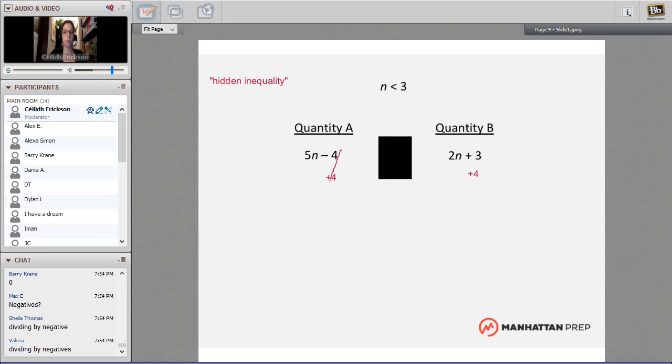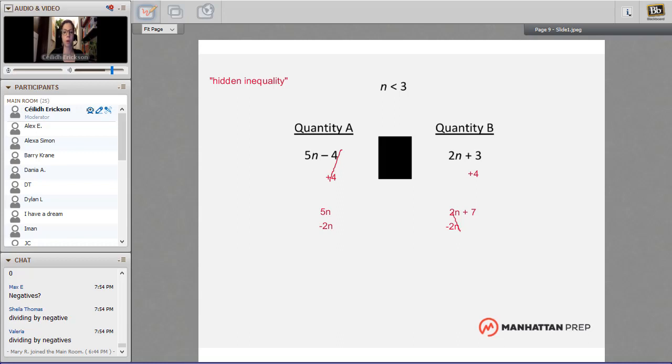And then it becomes 0 over here, so the 4 disappears. And now what we're comparing is 5n to 2n plus 7. Then we could simplify further by subtracting 2n from both sides, and this cancels over here.